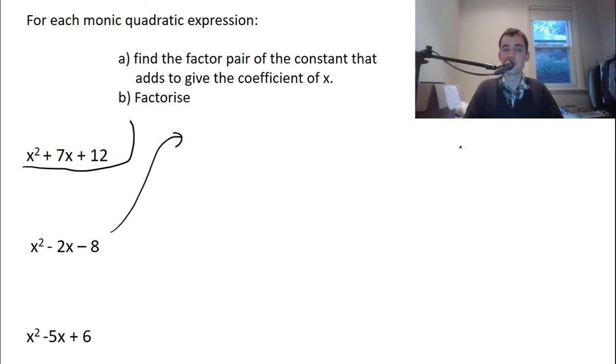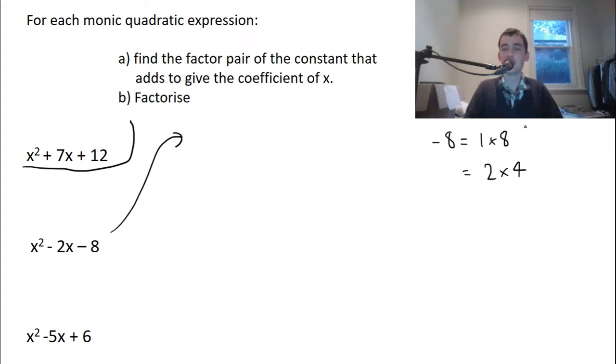But we're just going to try and find factor pairs of 8, first of all. So 8 equals 1 times 8, not very useful, or 2 times 4, 3 doesn't work, and then 4, we're just back to this one. So here's our factor pairs. Now, we know that actually we're trying to get -8.